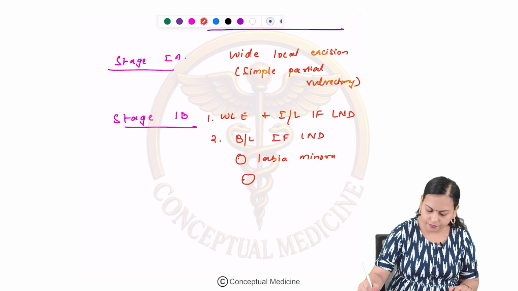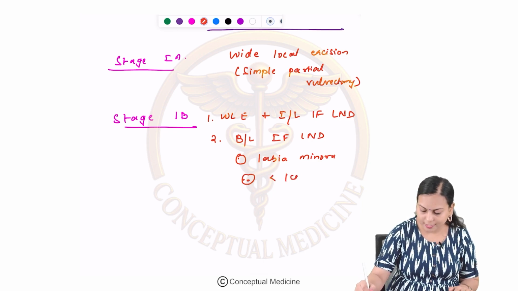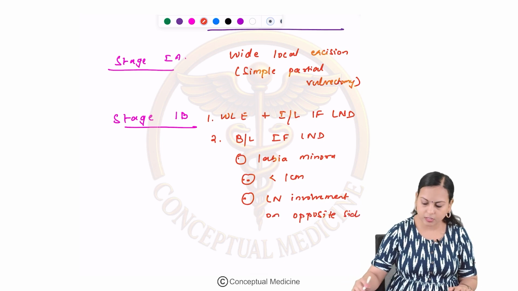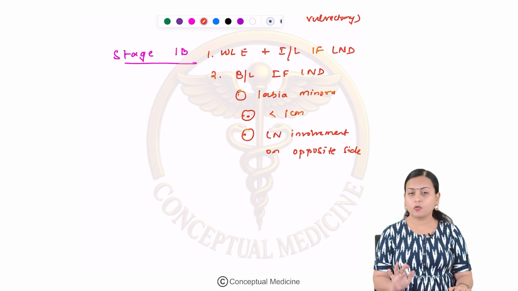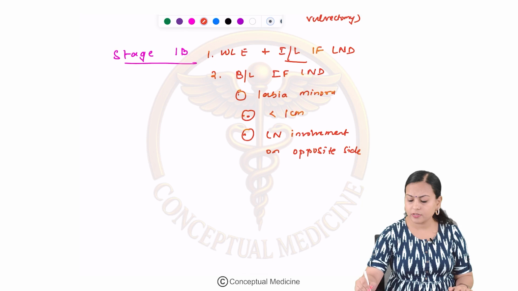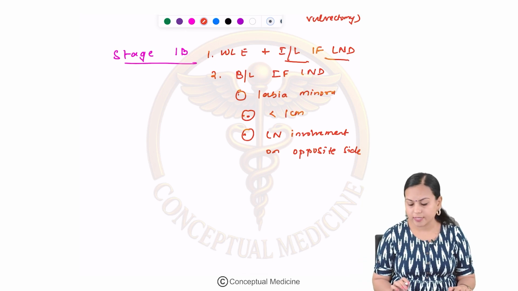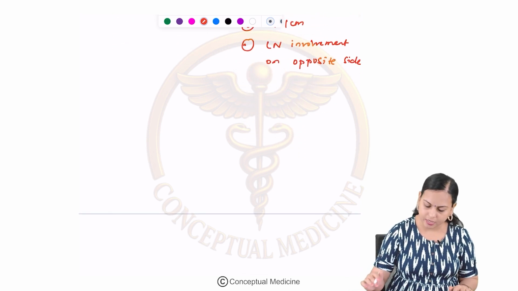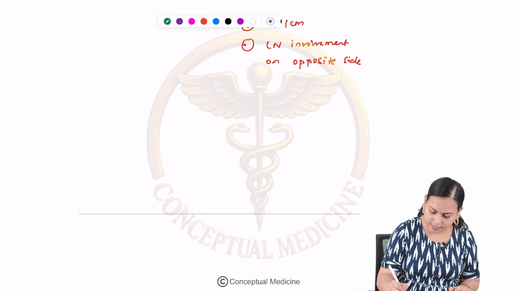Labia minora, and if the lesion is within 1 centimeter of the midline and there is lymph node involvement on opposite side. Okay. So this is wide local excision with ipsilateral inguinofemoral lymph node dissection. The same way it is bilateral inguinofemoral lymph node dissection. Clear?